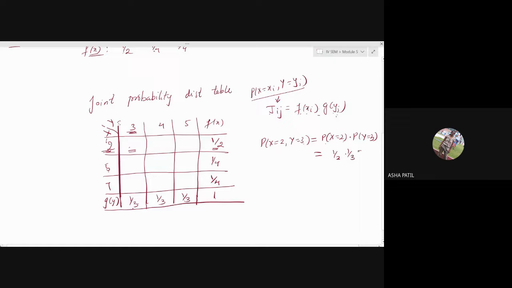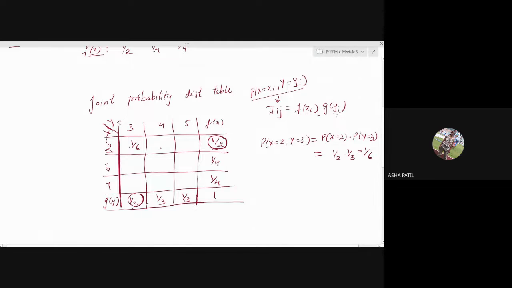So, you get the value as 1 by 6. In other words, if you go for this product, it will give you 1 by 6 here. Are you getting? But unless it is mentioned, you can't go this way. Only if it is mentioned that x and y are independent random variables, then only you can go this way.